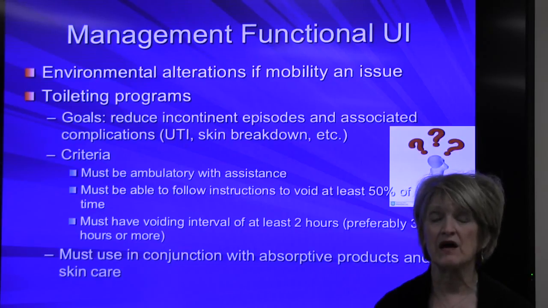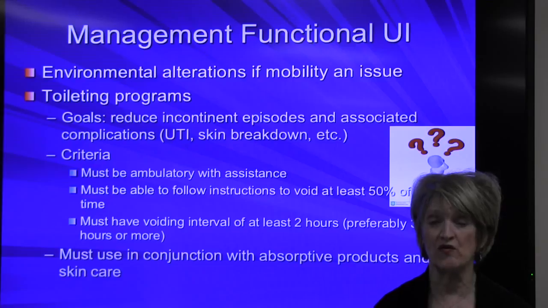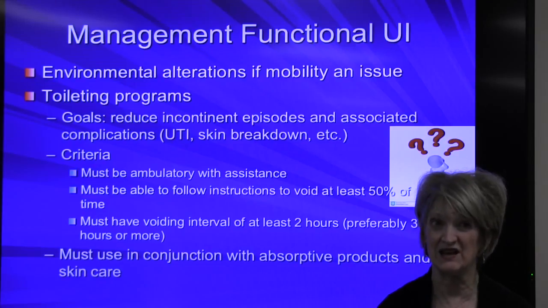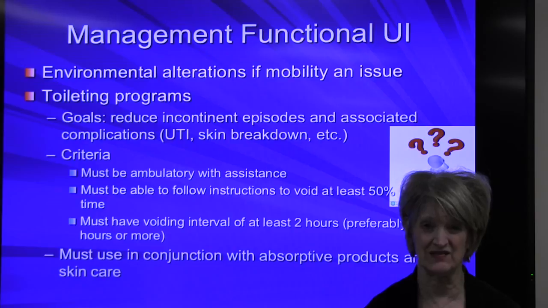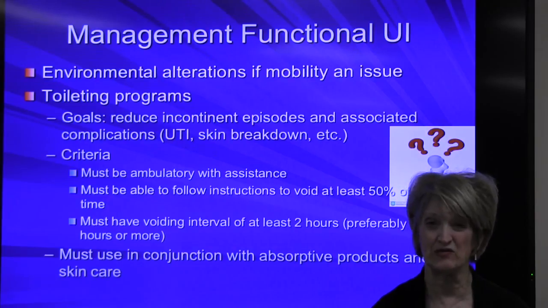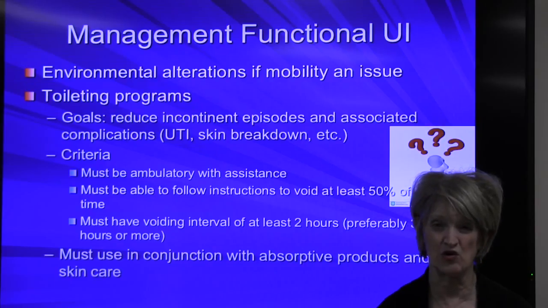In order for a toileting program to be realistic in the care setting, the patient has to meet certain criteria. First of all, they have to be ambulatory with assistance. If it takes 3 people to get them to the bathroom, it's not going to work. If I have to use a Hoyer lift to get them out of bed, it's probably not going to work.